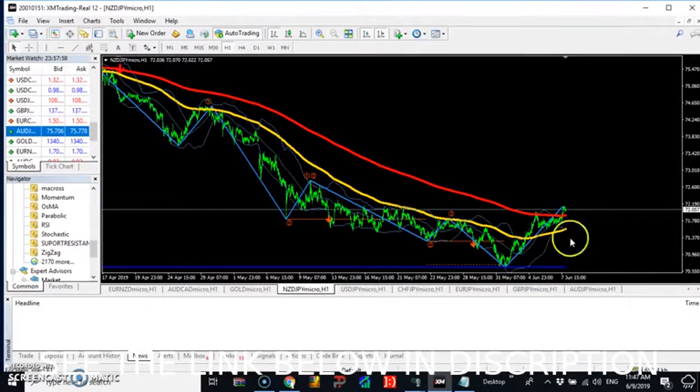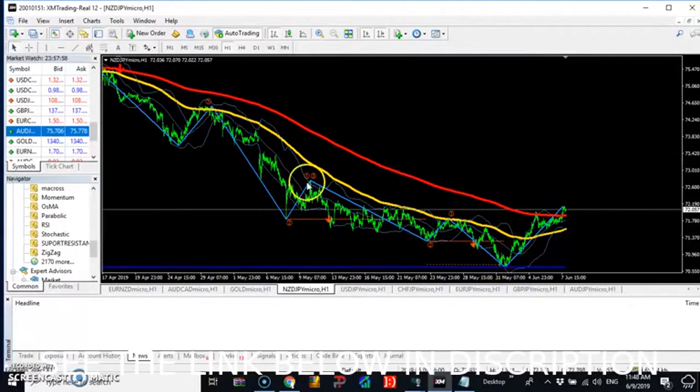If you did not turn off the signal of pattern 1, 2, 3, you will understand that as it was coming down, you got pattern 1, 2, 3, your target should always be this support. If you get the next 1, 2, 3, your target should be support. If you get the next 1, 2, 3, your target should be support.